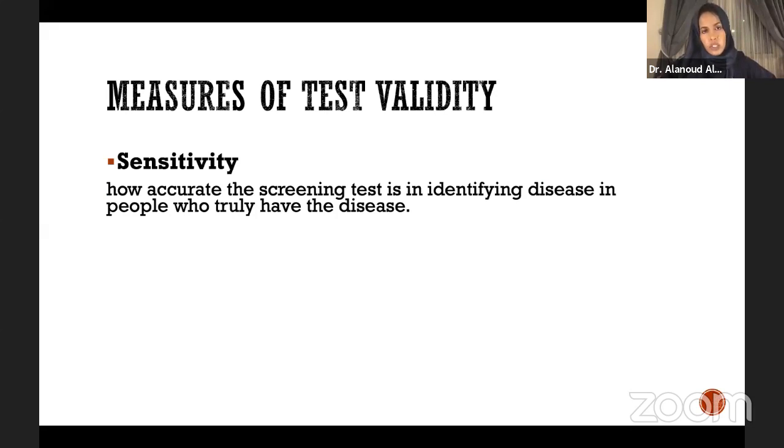In other words, it is the probability of testing positive given you have the disease. The probability or how accurately you are identifying true positive patients. All these definitions are sensitivity.